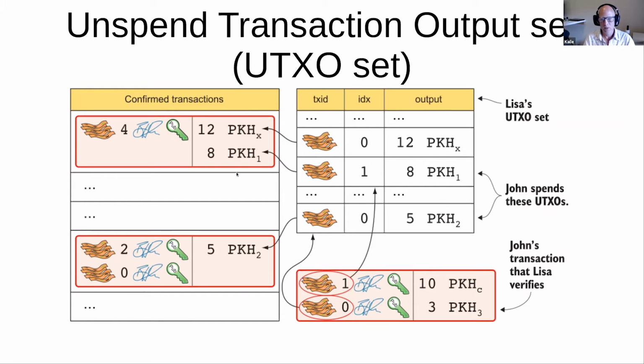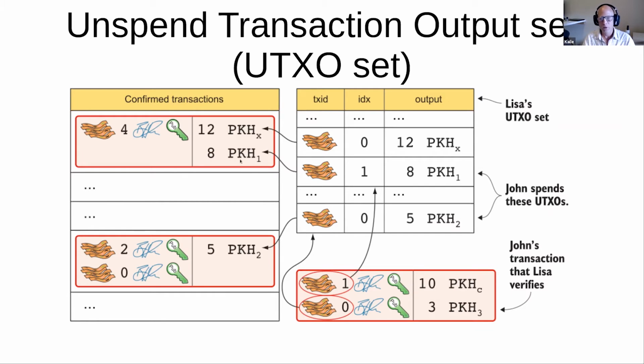So in this case, if we just look at John's 2 spent outputs, we have this one that sends 8 cookie tokens to John's public key hash.